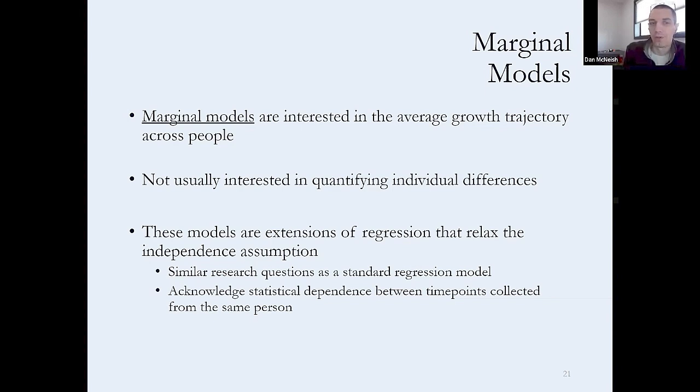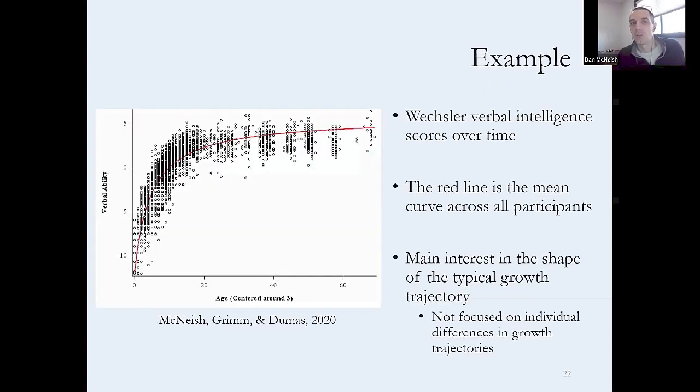If you want to visualize what these data might look like, it's usually a plot like this with one line fit through it to capture the general or overall trajectory. In this example, I have some verbal ability scores, and they're changing in some way, and I'm trying to fit a line through it that best captures how that outcome is changing.